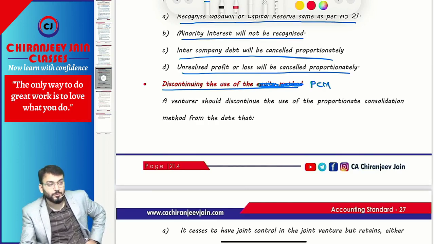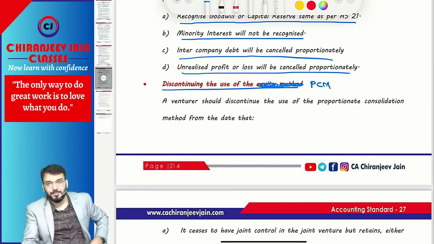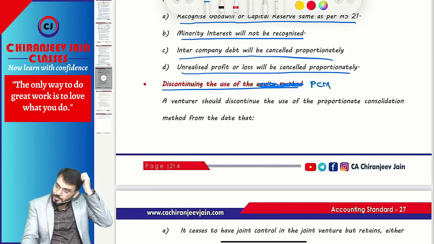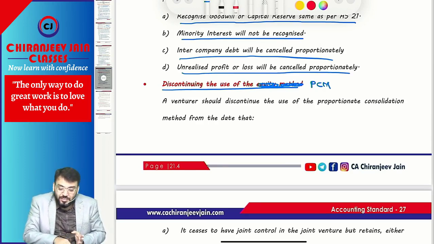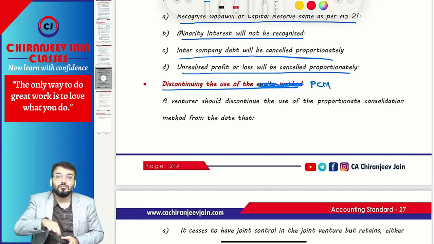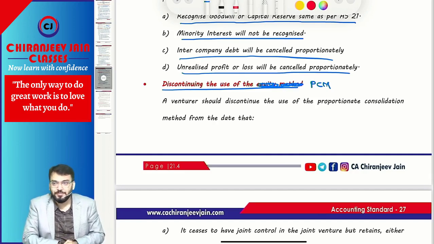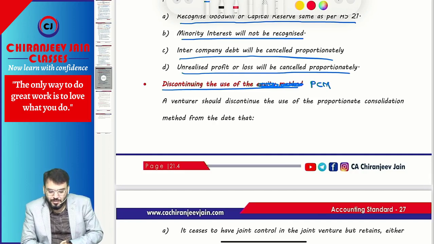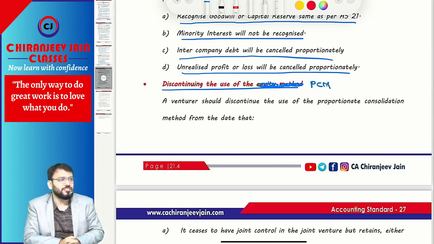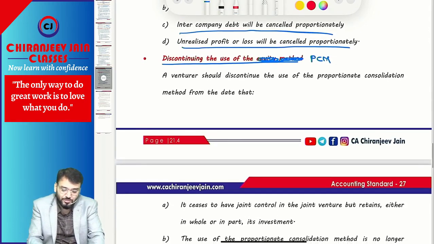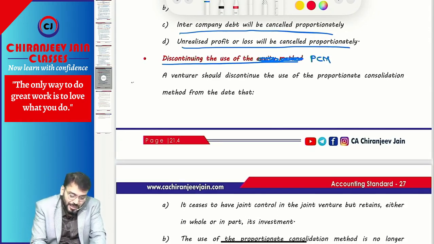So when will a venturer discontinue the use of proportionate consolidation method that we are discussing? Can I say when it ceases to have joint control? When joint control is lost, they will not prepare consolidated financial statement. Simple. This is important for theory as well as MCQ.